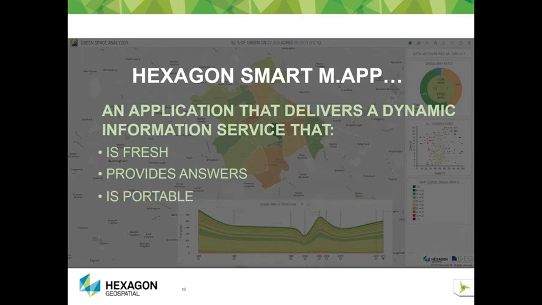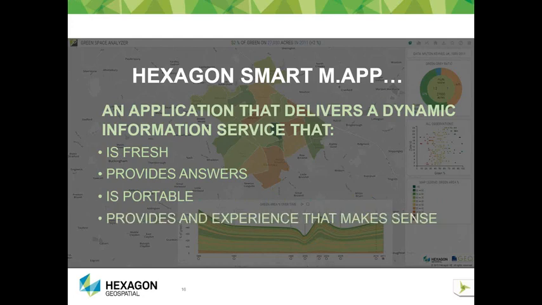It's portable because they are built to be multi-platform, so both web, mobile, and all types of devices. And finally, they provide an experience that makes sense because we are focusing on user interface and providing tools and widgets that allow partners to build these apps in a very simple and intuitive way, like the one we are seeing below. It's very nice widgets combining with a map that's very interactive and so forth.